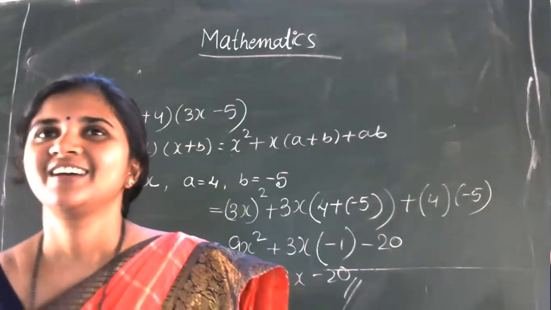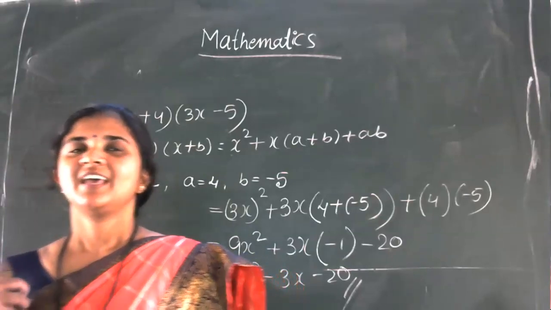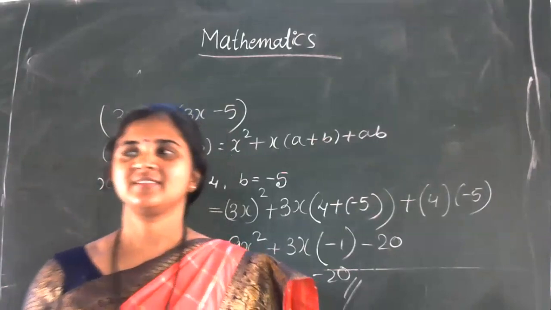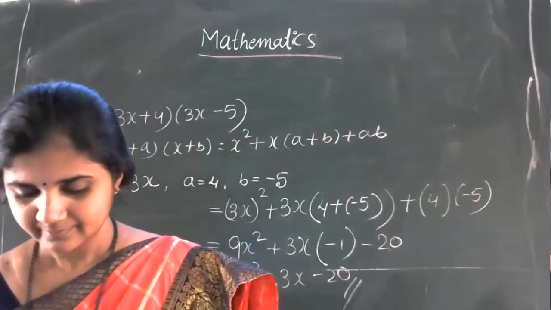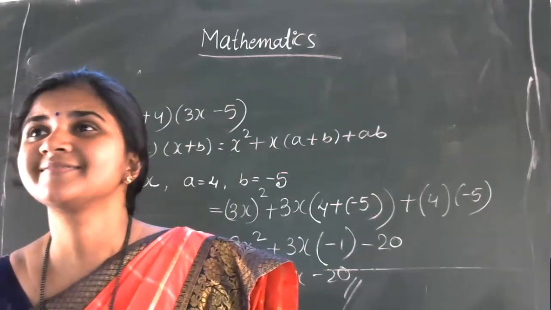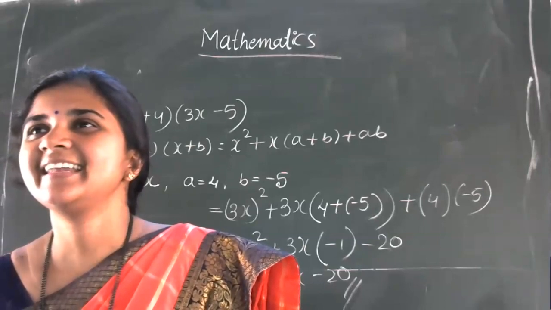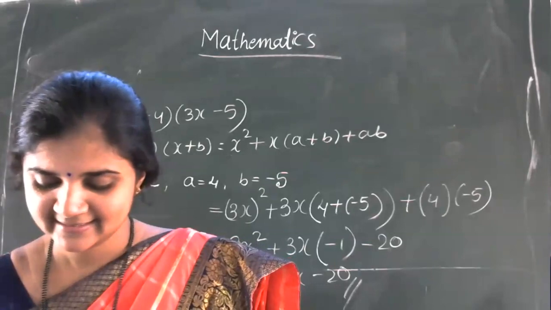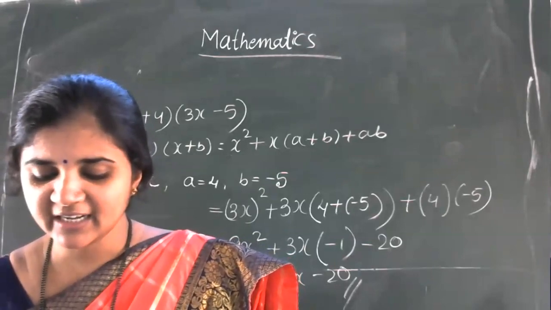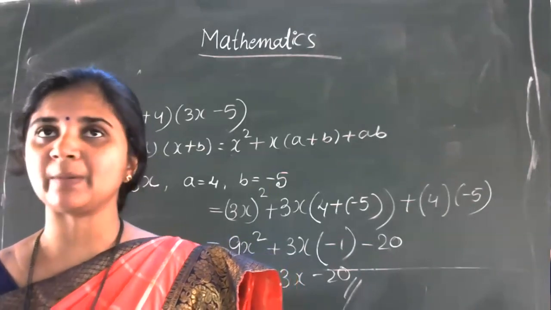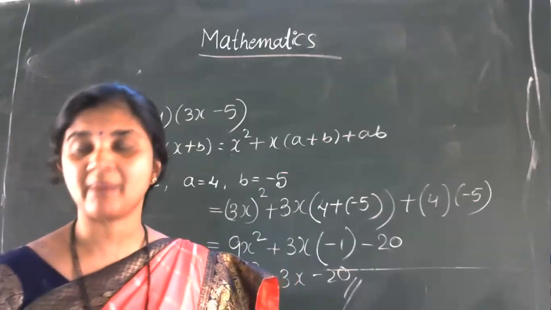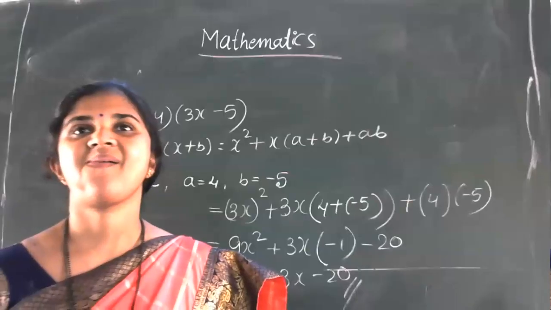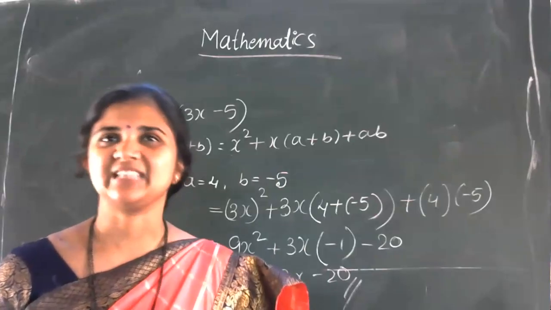Fourth question of the exercise. Which identity do we have to use for y square plus 3 by 2 into y square minus 3 by 2? Identity 3. Yes, very good.